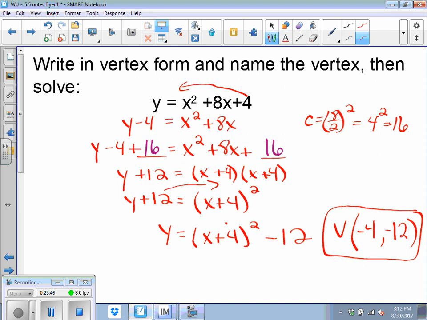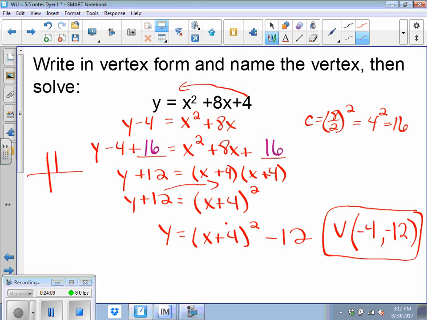Why is 4 negative? Part 2 of the problem says, name the vertex, and then it says, then solve. Wait a minute. On a graph, what are the solutions on a graph? Where it crosses the x-axis. Answer this question.